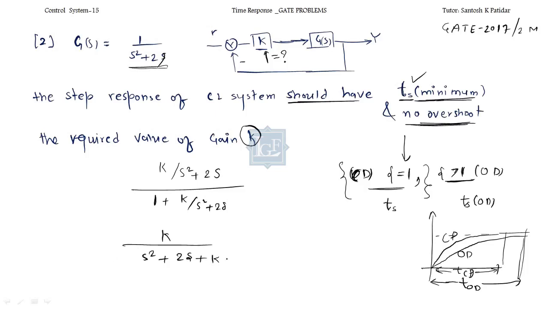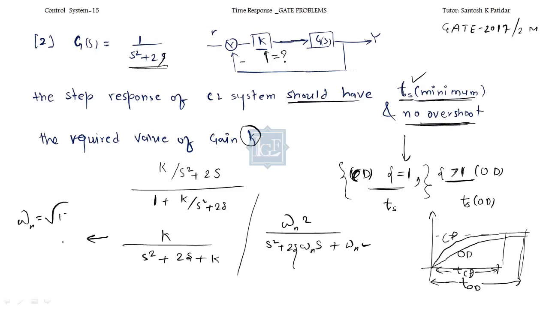Now easily we can compare this with the standard format. If you remember the standard format, omega n squared over s squared plus 2 zeta omega n s plus omega n squared. When you compare this, you will get omega n is nothing but under root k.